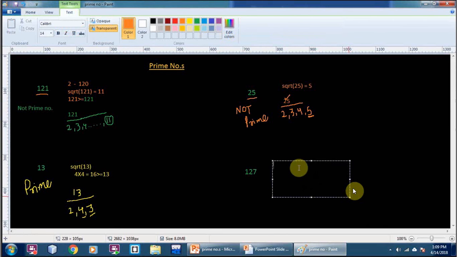I am going to check whether 127 is prime or not. I am taking the square root of 127, but I will not get the exact number. So here we know 11 into 11 is 121. I will not take the smaller number, so here I will take 12 into 12, that is 144, which is greater than 127. So I will check 127 with 2 to 12.